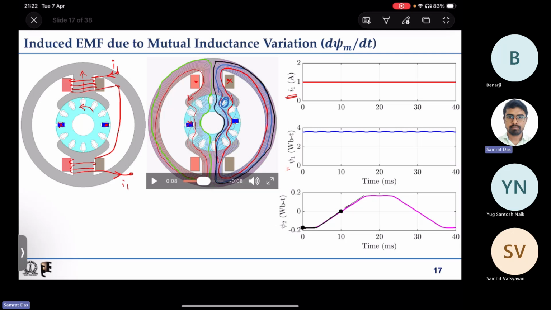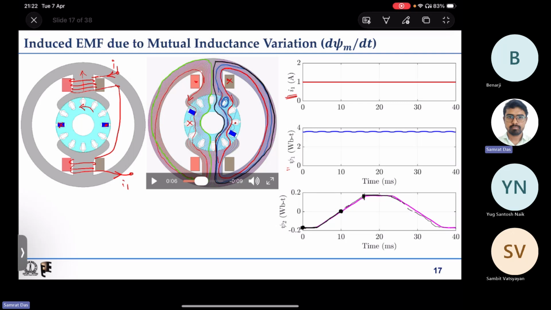So it reached maximum flux linkage a little ago, probably here, and after that it remains reasonably constant for some period, and the same thing repeats as it rotates another time. So this is how the flux linking the second coil changes with rotor rotation.